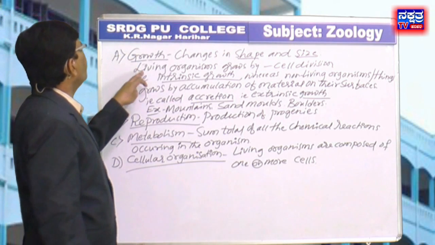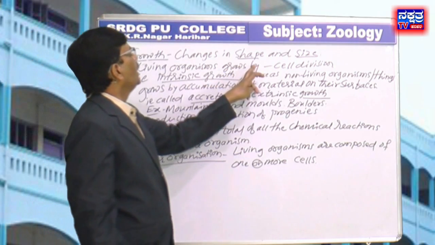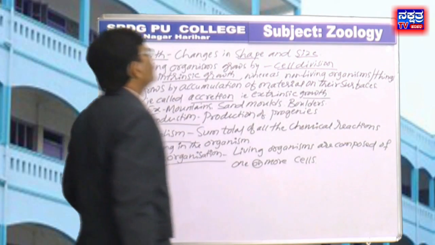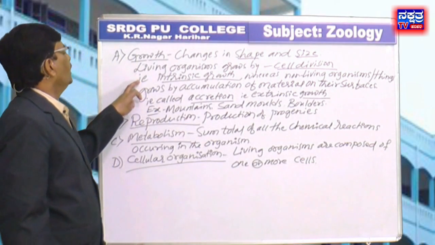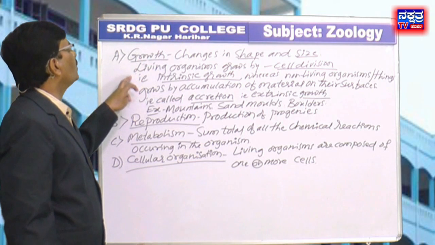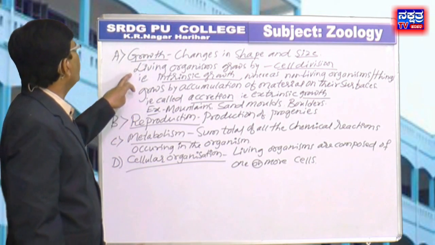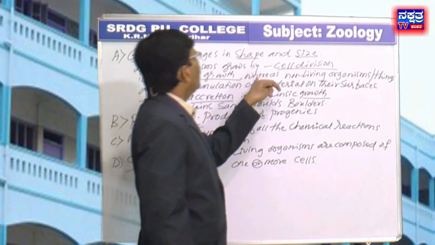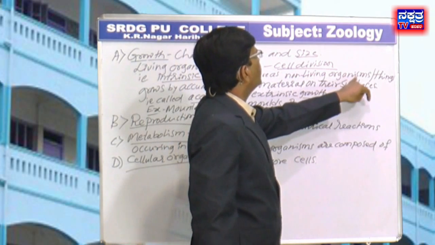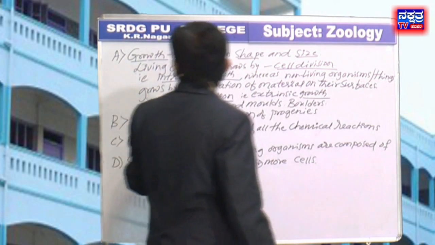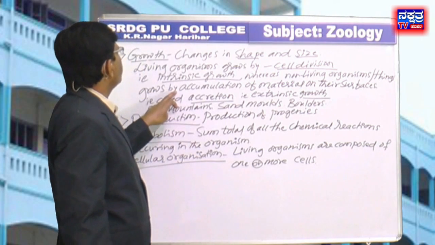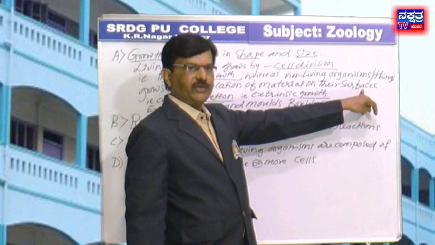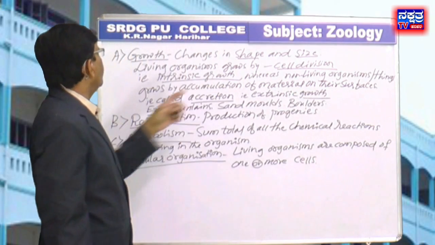But in case of living organisms, growth takes place by the process of cell division. That is, the internal growth of an organism is called as intrinsic growth. Whereas in non-living things, growth takes place by the accumulation of material on their surfaces, that is, outside the body.